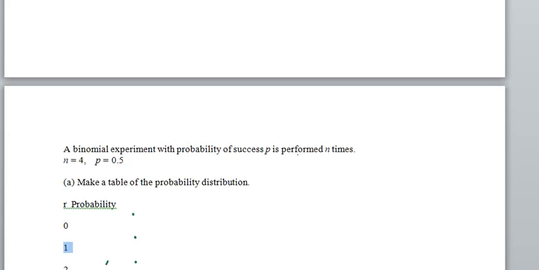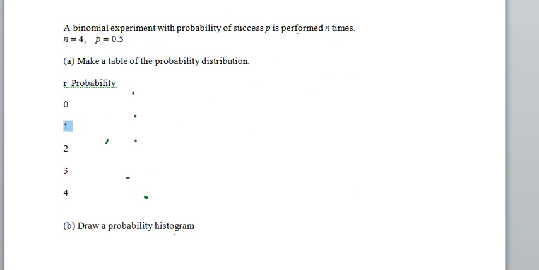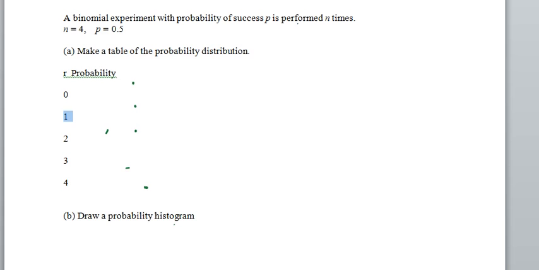In the second example, we're given a binomial experiment with a probability of success P that is performed n times, where n is 4 and P is 0.5.